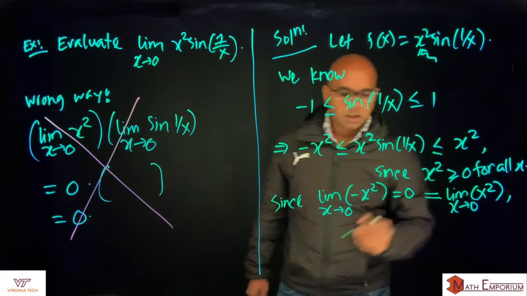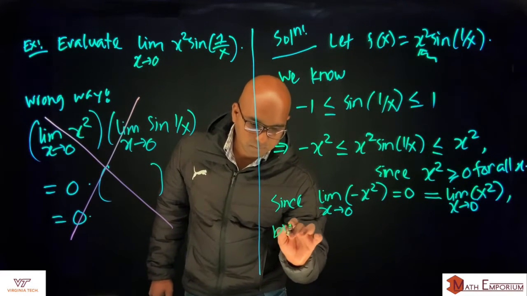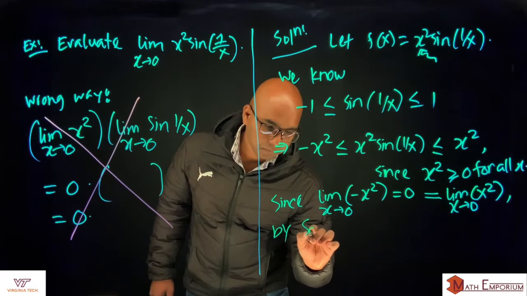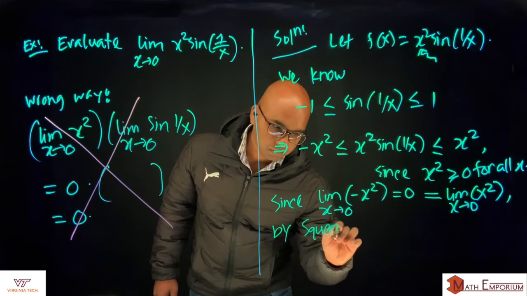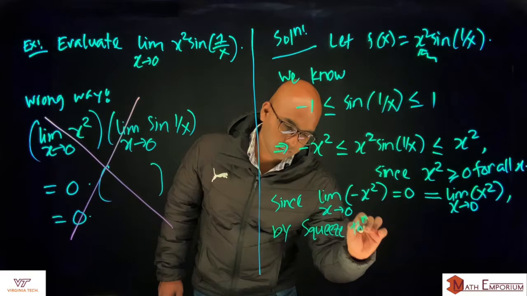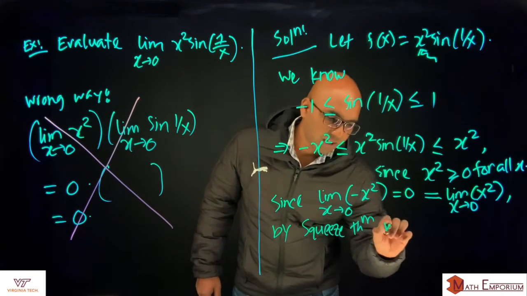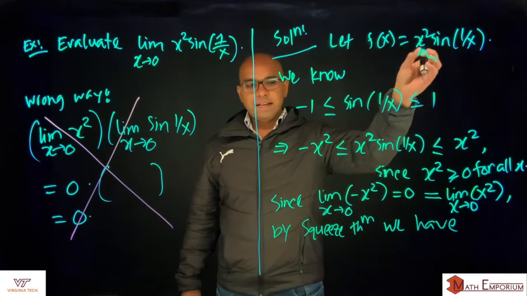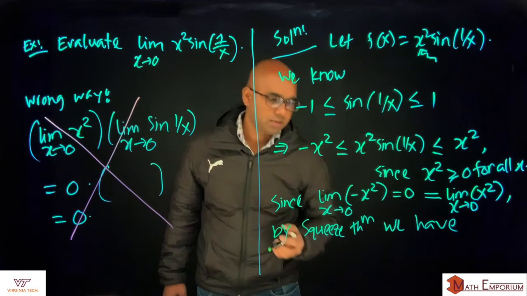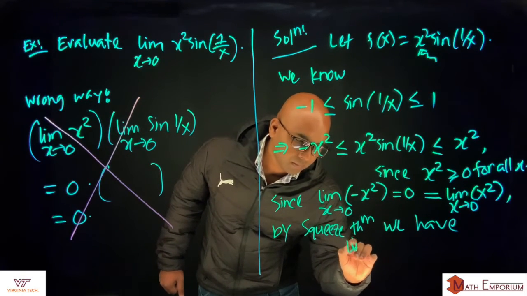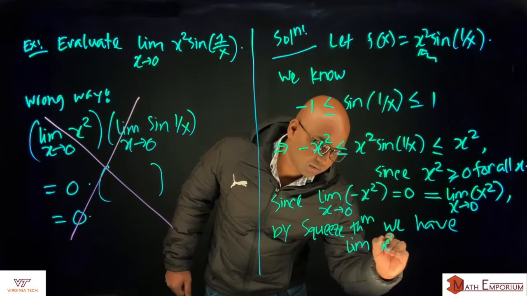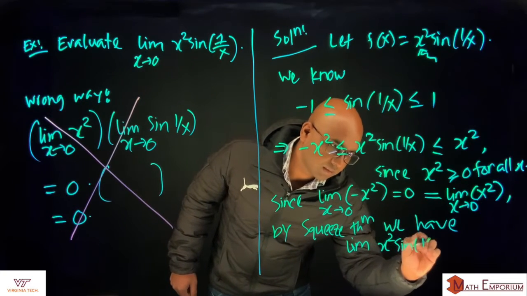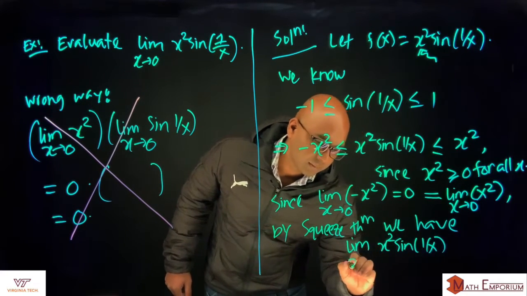By the squeeze theorem, then, our function has limit 0 at 0. Okay, so the limit of x squared sine 1 over x as x approaches 0 is 0.